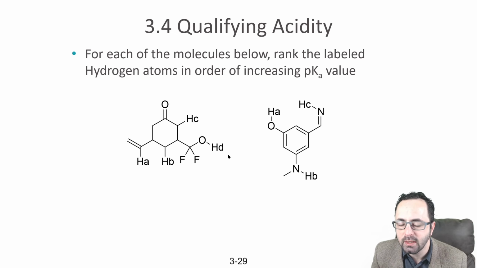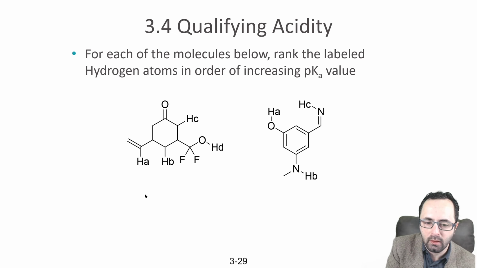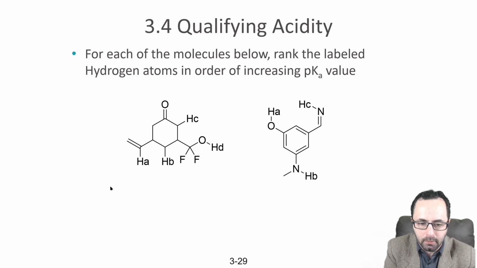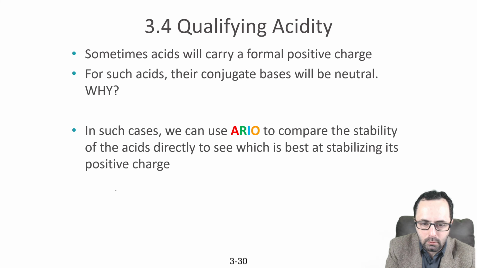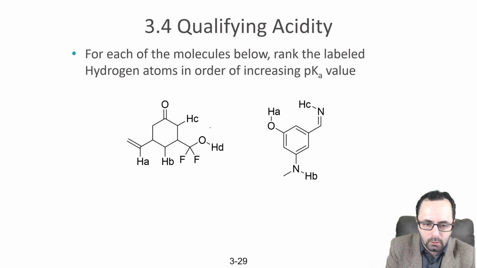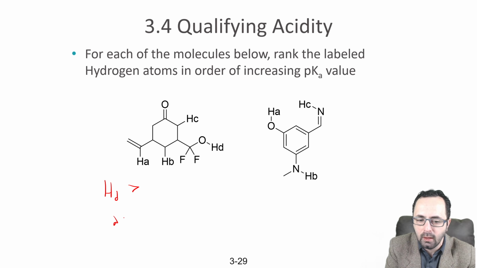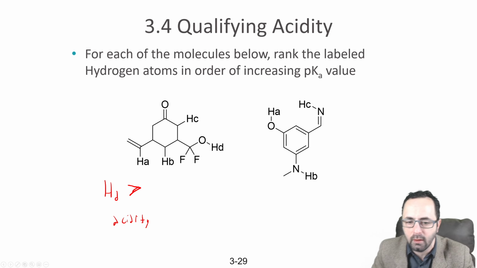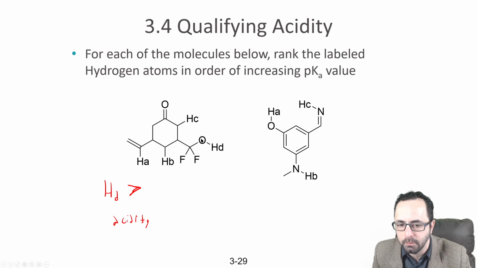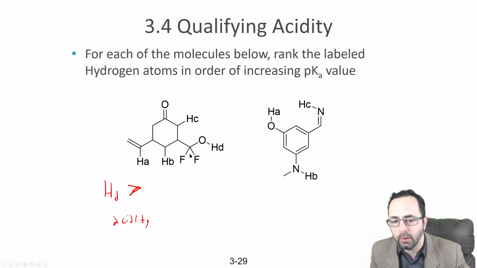So the most acidic of these protons is going to be the HD. In terms of acidity, HD is the greatest because of atom. Okay, so now we're done with atom.